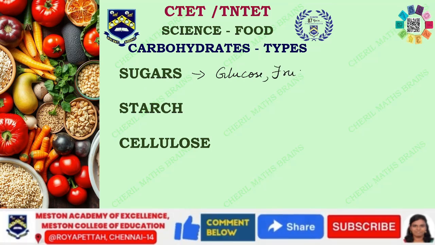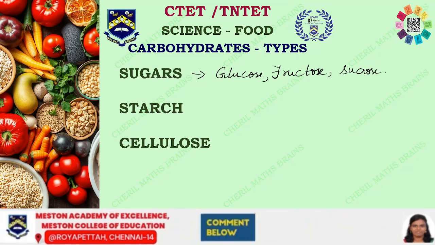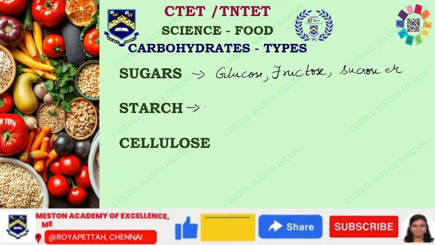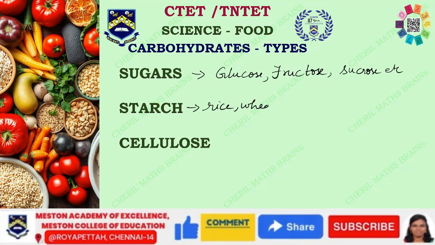You have come across all these names in your school days. So these are all the components under sugar. And the next, starch. Where is starch being found? We know that rice, and not only rice, wheat, potatoes, maize and all of these have starch in abundance.